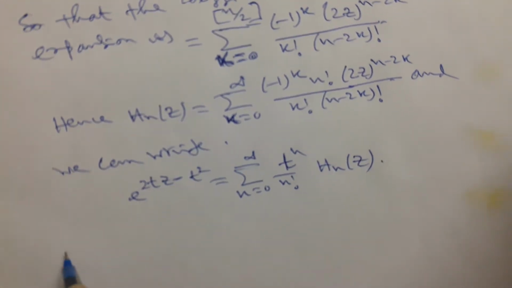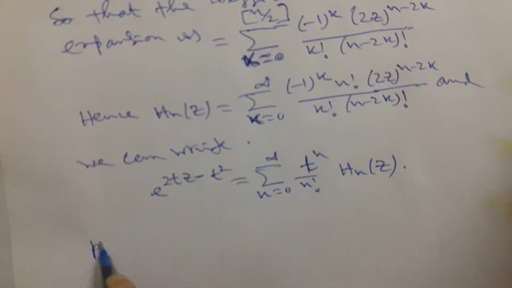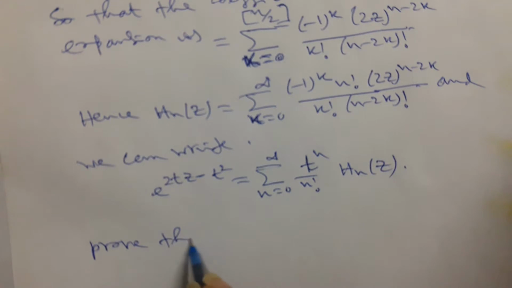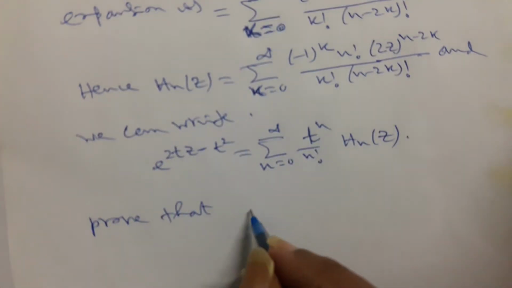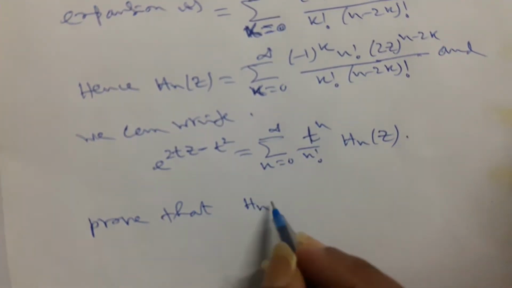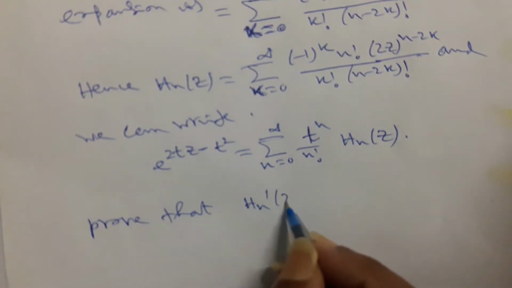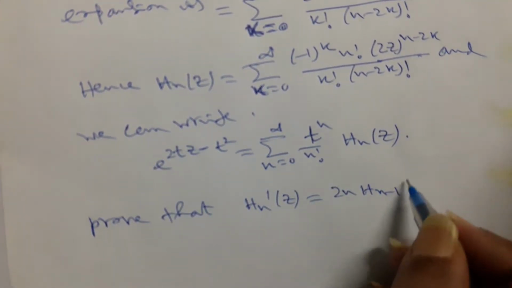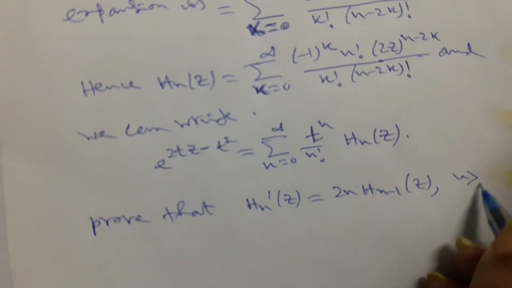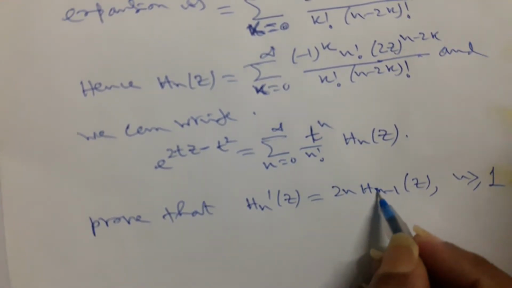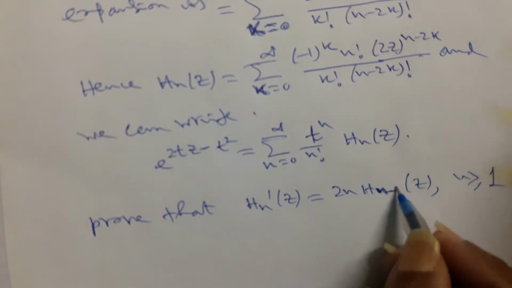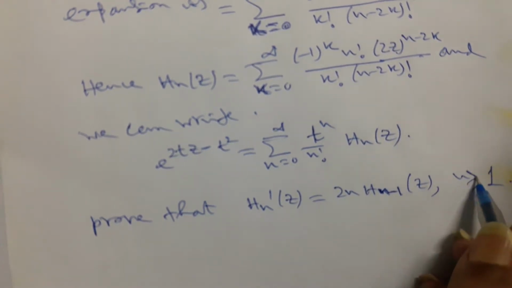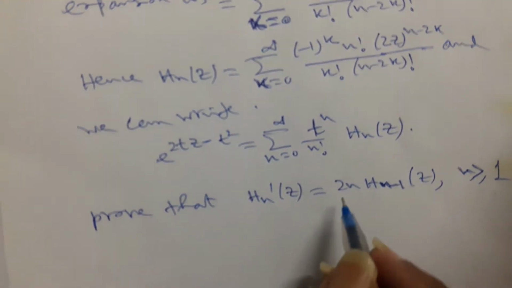Prove that H'n(z) equals 2n Hn minus 1(z) for n greater than or equal to 1, because it is our definition criteria, otherwise it is not defined.